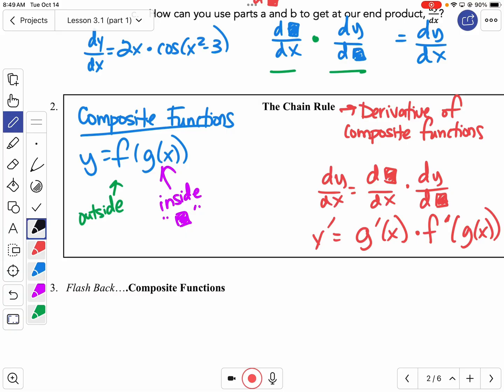So I like to write it in words. So chain rule: derivative of the inside times derivative of the outside evaluated at the inside.